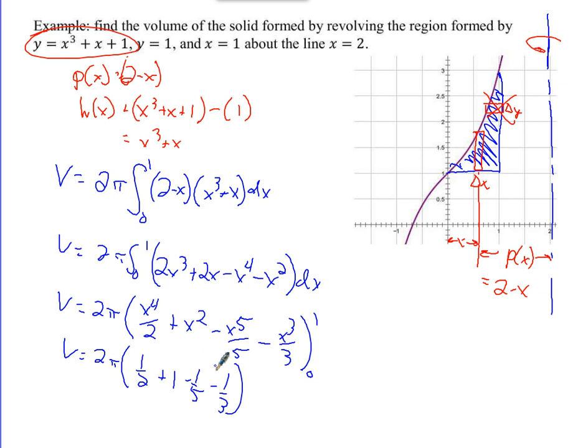And then we have minus 10, so we're at 29 thirtieths times 2 pi, 29 pi over 15. No units, so it's just units cubed. That's it.